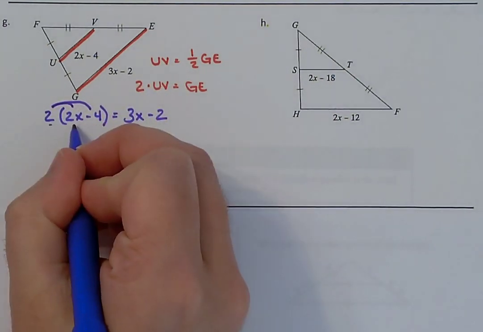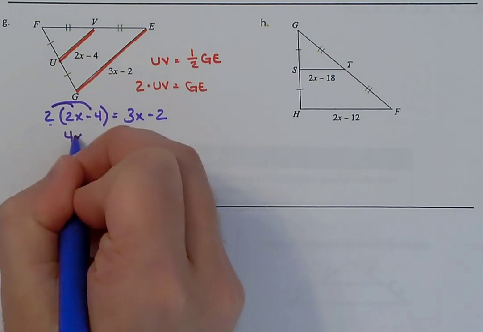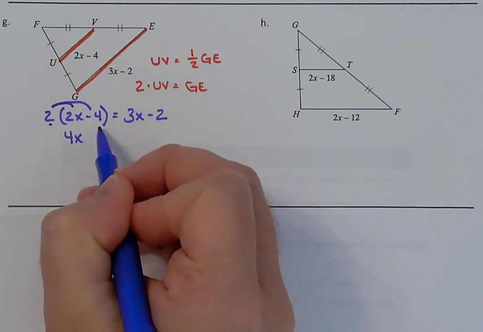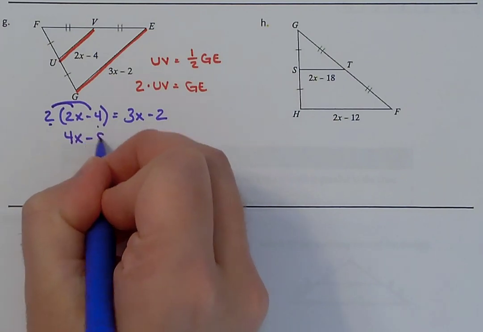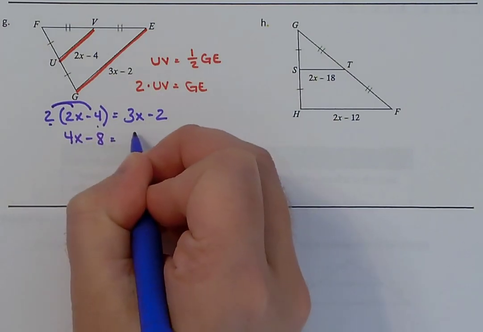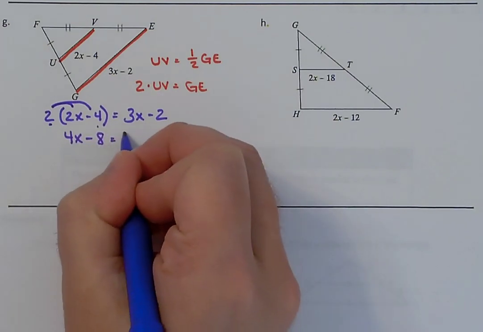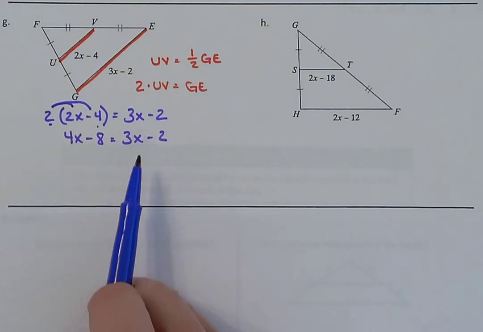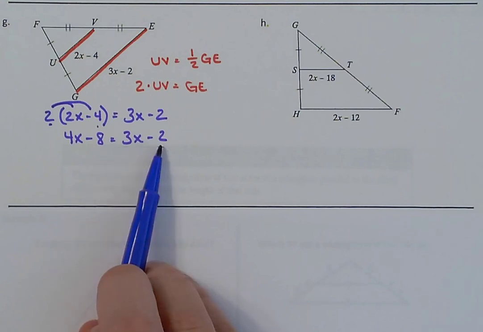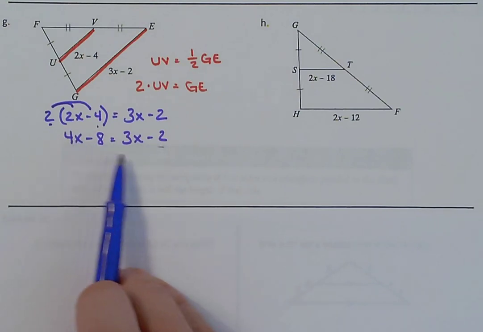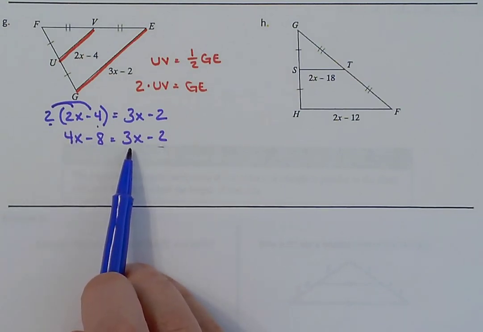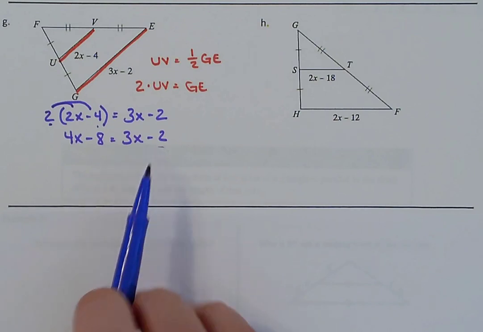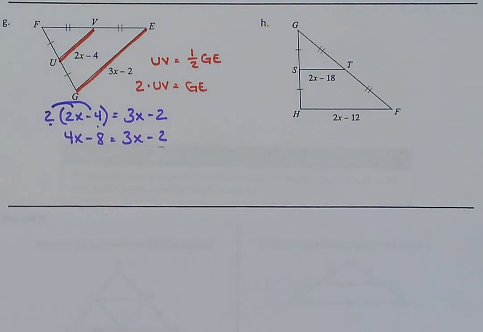So 2 times 2x is 4x, and 2 times 4 gives me a minus 8. So I have 4x minus 8 equals 3x minus 2. If I would have divided by 2 instead of multiplying by 2, I would have had 1.5x minus 1, so we would have been dealing with decimals.